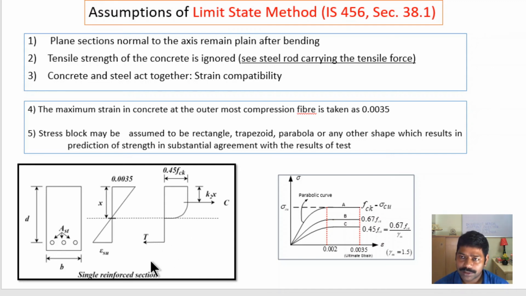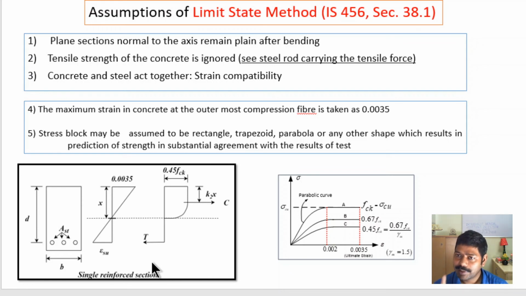Now the limit state method differs from the triangular one. It says it can be any shape, like rectangular or trapezoid or parabola or any other shape which satisfies your experimental results.